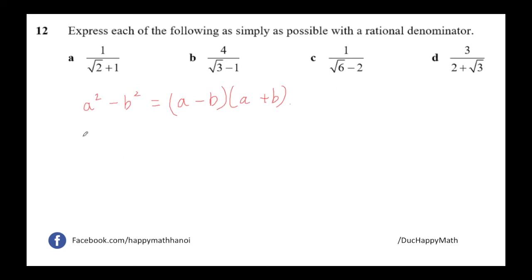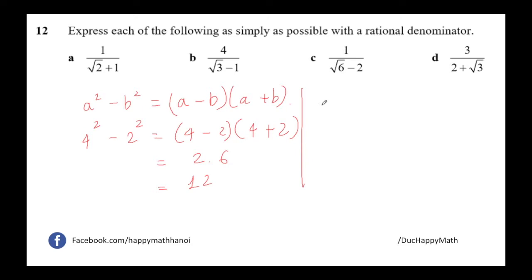So for example, when I take 4 square minus 2 square, it will be equal to 4 minus 2 times 4 plus 2. It is 2 times 6, which is 12.